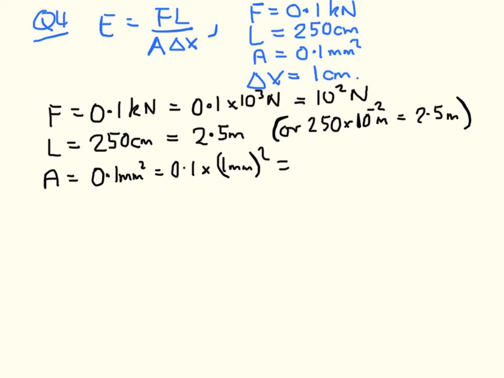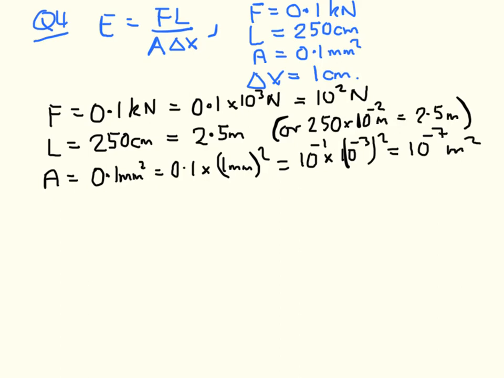It's a 1,000th part of a meter. So I'm going to write the 0.1 as 10 to the minus 1, and then we have 10 to the minus 3 squared, and 10 to the minus 3 squared is 10 to the minus 6. 10 to the minus 6 times 10 to the minus 1 is 10 to the minus 7. So we have 10 to the minus 7 square meters.